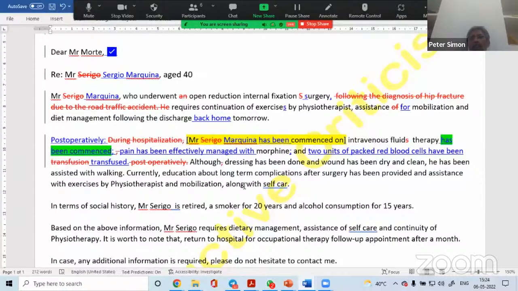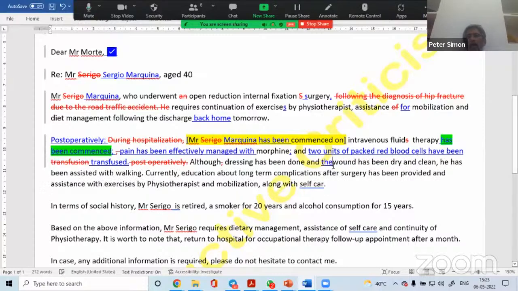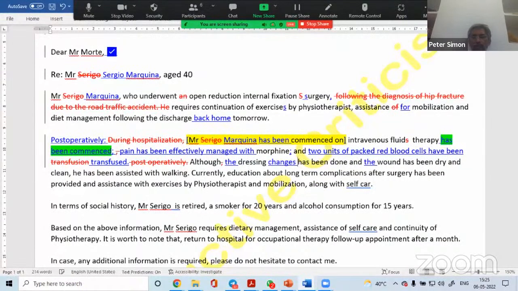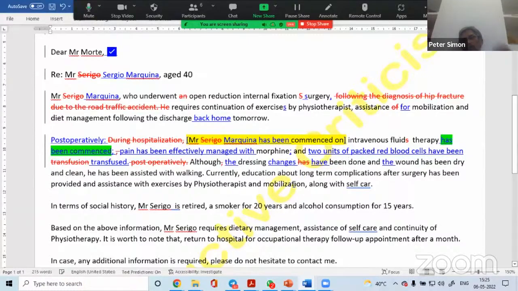Although dressing has been done, and the wound has been dry and clean, comma, although the dressing changes have been provided or dressing changes have been done.